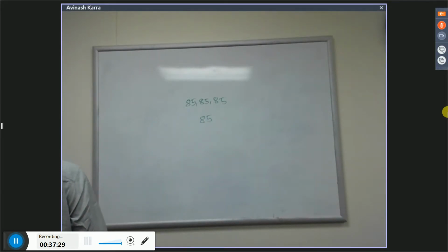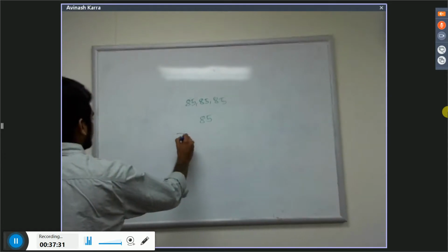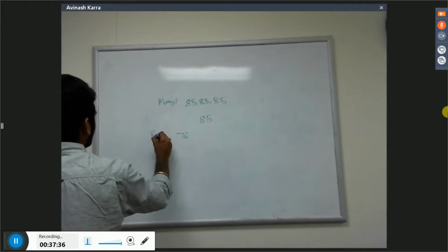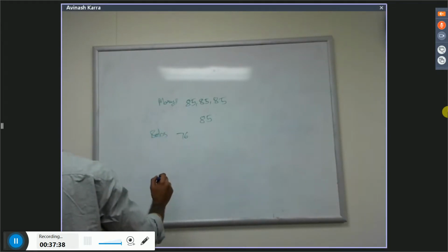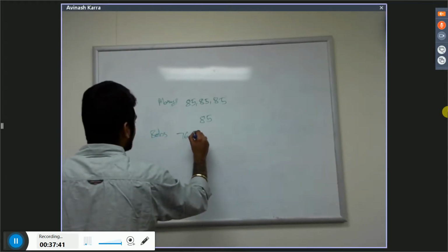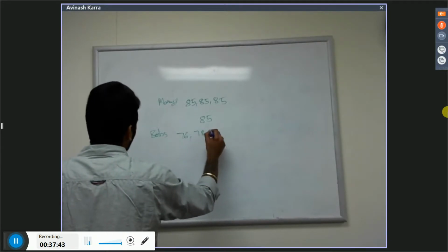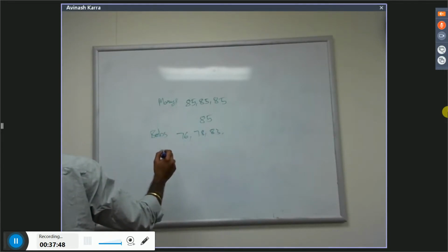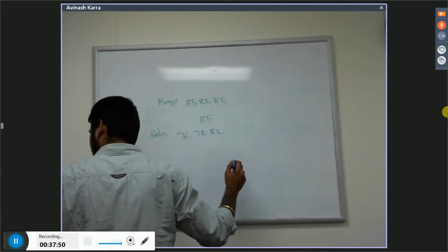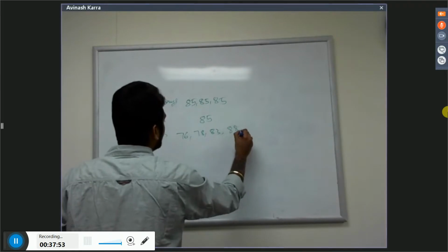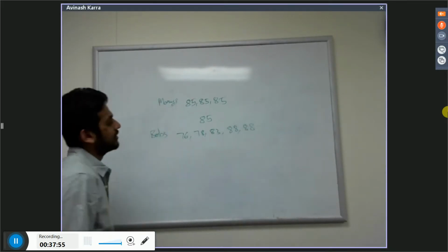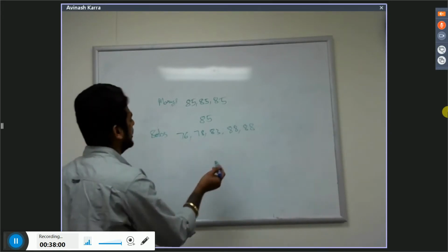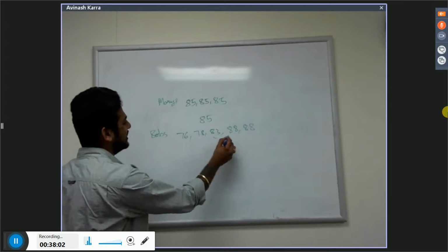And if Bob's test grades are 76, 78, 83, 88, and 88, and you take the average of this, it might be somewhere around here.